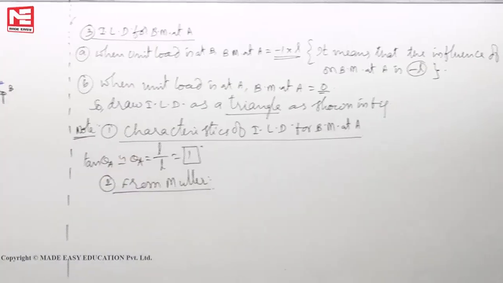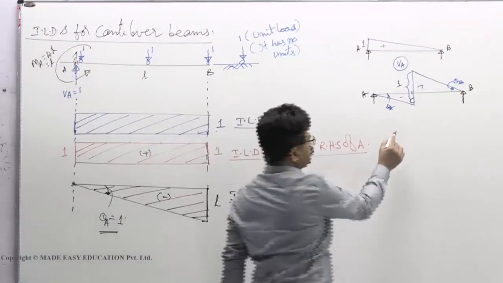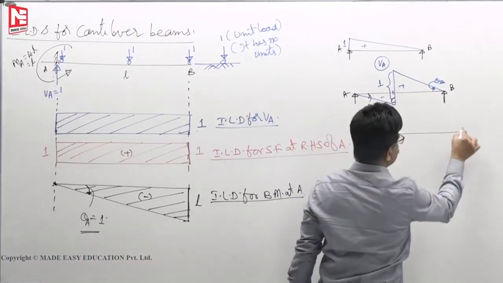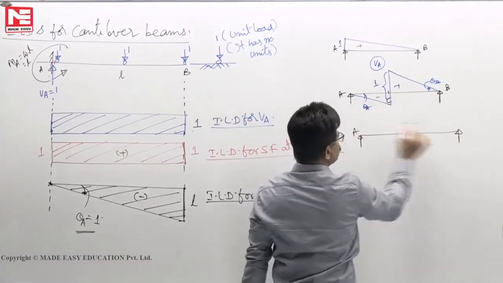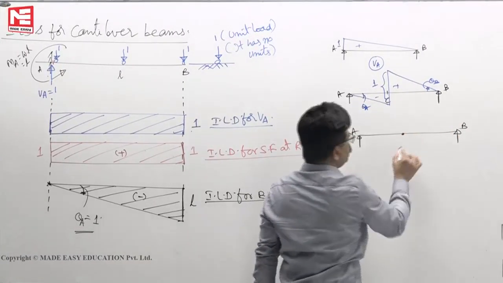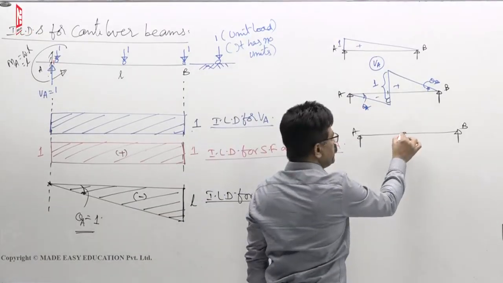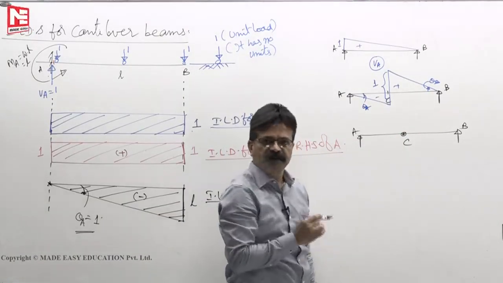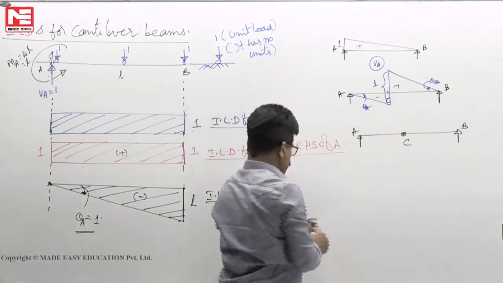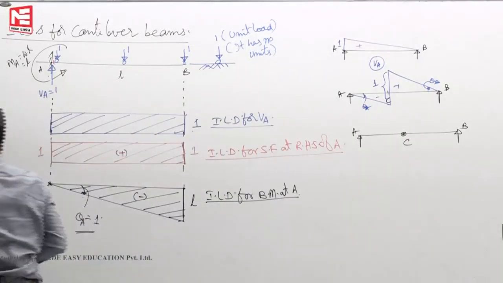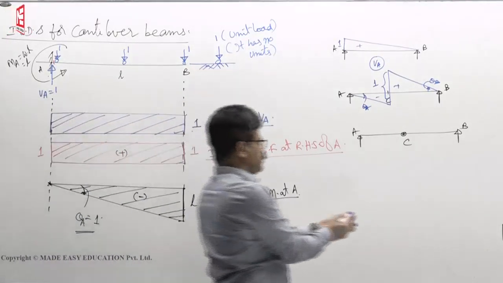From this understanding, what Muller said was, as in the case of this one, you have a simply supported beam. I want to draw the ILD for bending moment at C, say. What have you done? Assume an imaginary hinge and apply unit rotation. To apply unit rotation, what have you done?